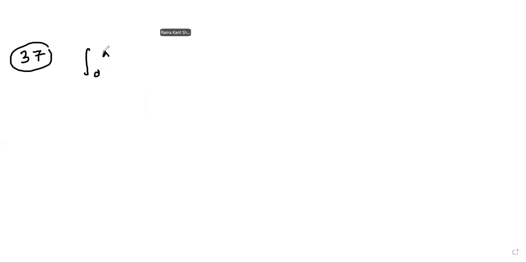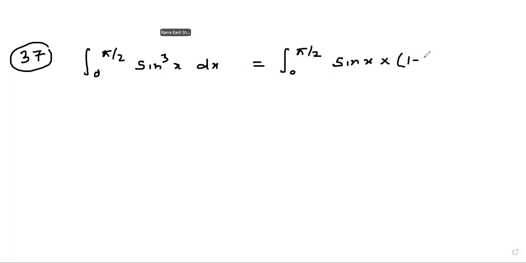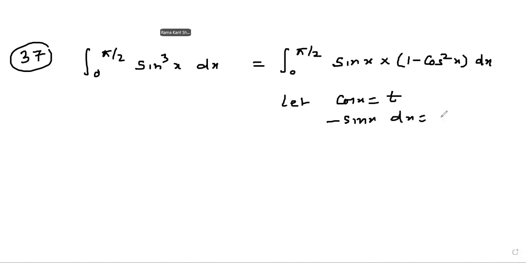0 to pi by 2 sine cube x dx. This can be written as 0 to pi by 2 sine x into sine square x, which will become 1 minus cos square x, dx. Then let cos x equal to t, then minus sine x dx equal to dt, and we can change the limits.